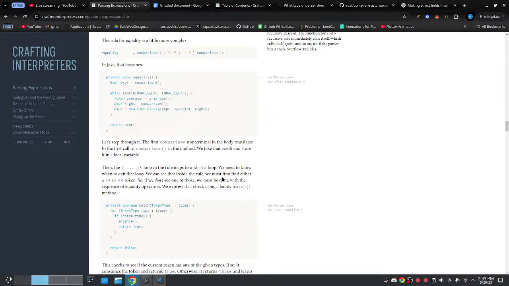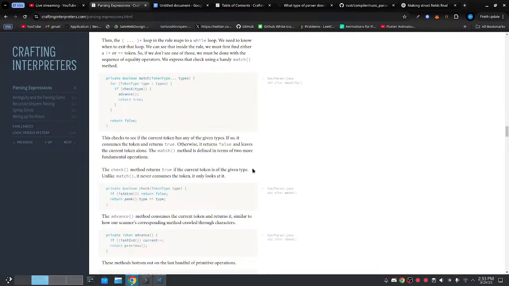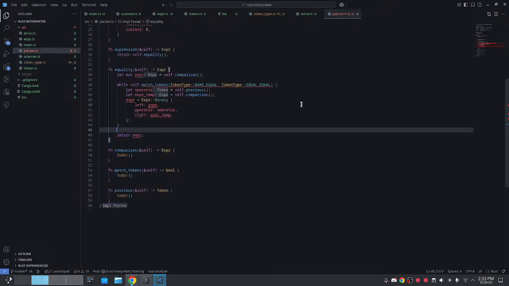We can see that inside the rule we must first find either a not equals or double equal token. Okay, okay, I got it. So it is better to use.